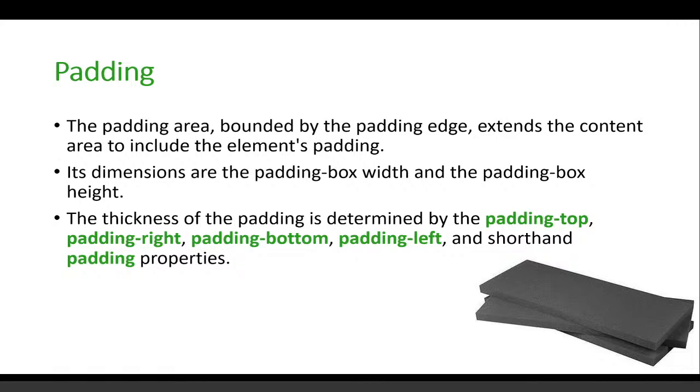And so its dimensions extend to the padding box width and the padding box height. The thickness of the padding is determined by padding top, padding right, padding bottom, and padding left. However, we can also write that as a shorthand padding property. And we'll have a look at that.